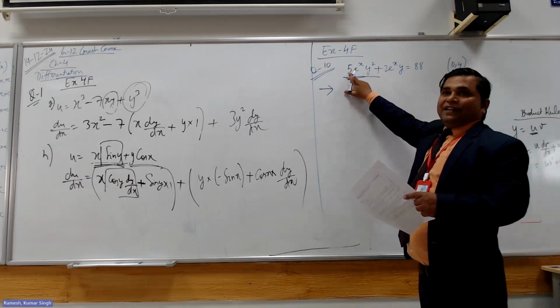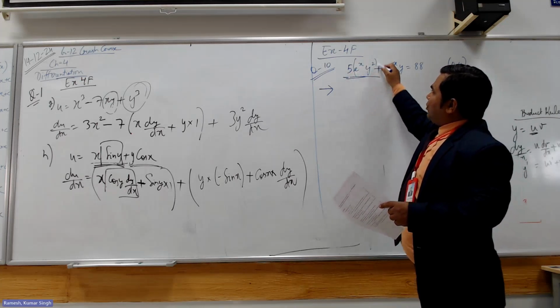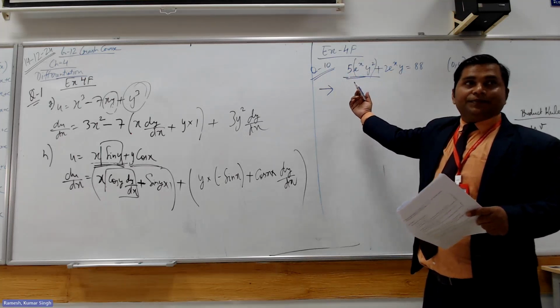So differentiation of the left hand side, 5 e to the power x y squared. It's a product of two functions, so we need to use product rule as well. Right?